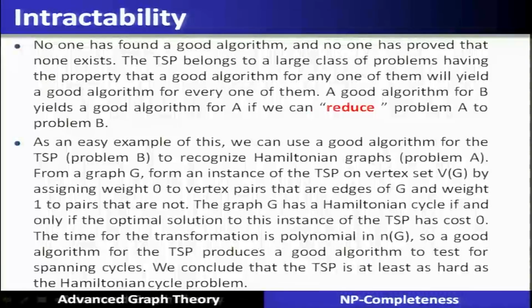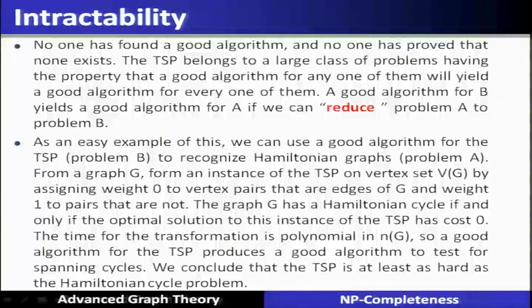So, a good algorithm for B will yield a good algorithm for A if we can reduce problem A to problem B. As an easy example, we can use a good algorithm for the traveling salesman problem, call it B, to recognize the Hamiltonian graphs, that is problem A.